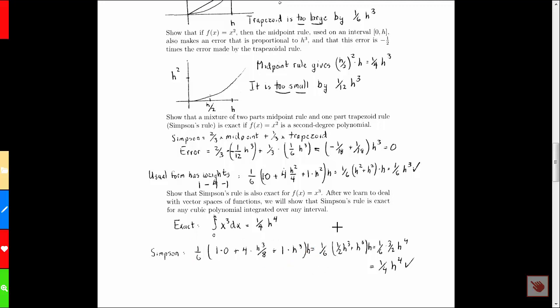That gives me 1/6 of 1/2 h cubed plus h cubed, or 1/6 times 3/2 h cubed times h. That works out to 1/4 h to the 4th, which agrees with exact integration. Because of this fact, Simpson's Rule is perfect on cubic polynomials, and it's also amazingly good on functions that are nicely approximated by cubic polynomials.